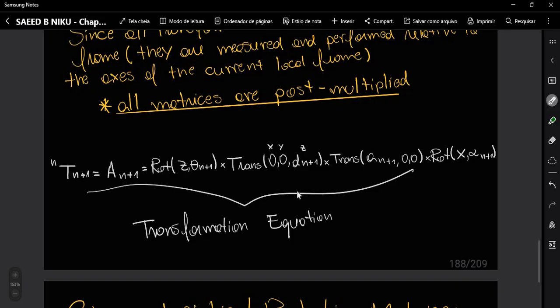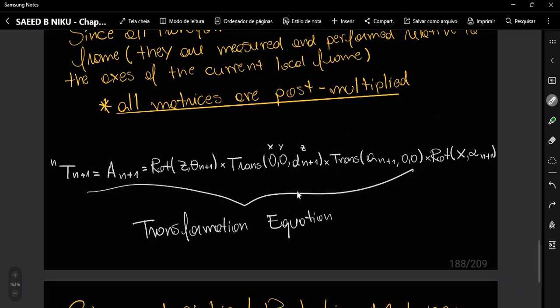And again, in a sequence: a rotation is the first motion, a translation as the second motion, again followed by a translation as our third motion, and the fourth and last motion, again a rotation.